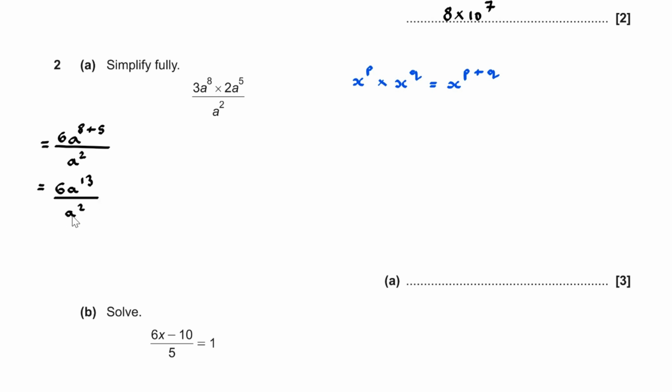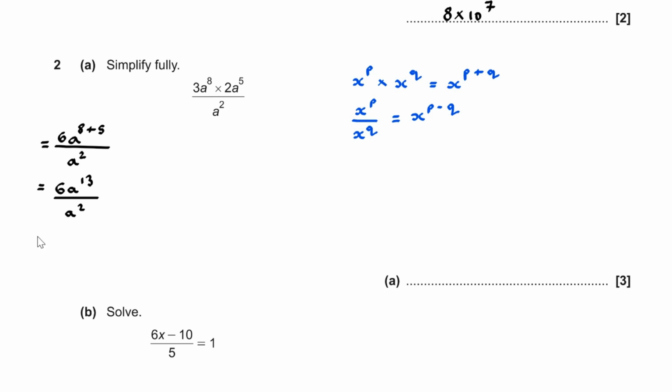Another law of indices, if we have x to the power of p divided by x to the power of q, when dividing, when we have the same base, we subtract the powers, and so therefore here we'd have x to the power of p minus q.